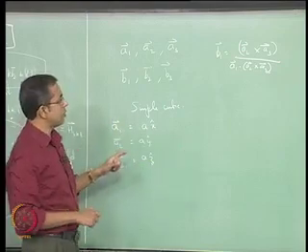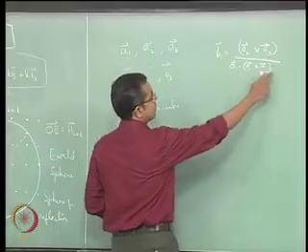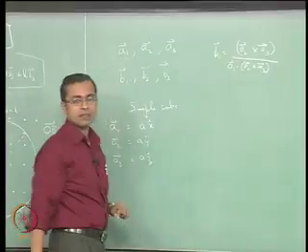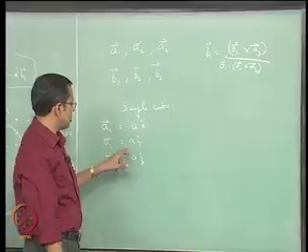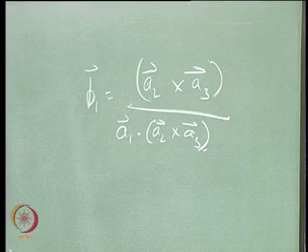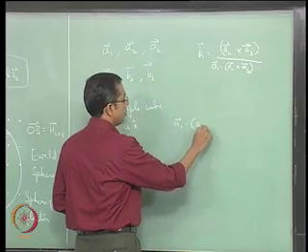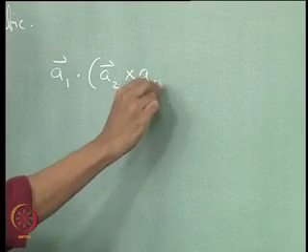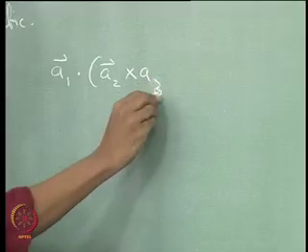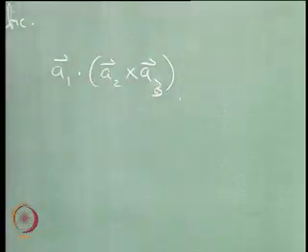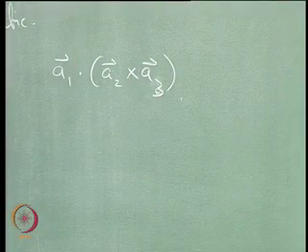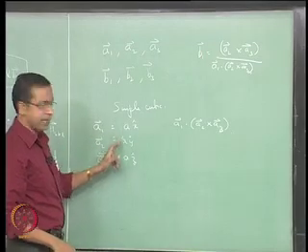So first thing we will need to do is calculate this bottom part, which is the volume of this reciprocal lattice. We need A1 dot A2 cross A3. What is A2 cross A3? The magnitude simply is A square.